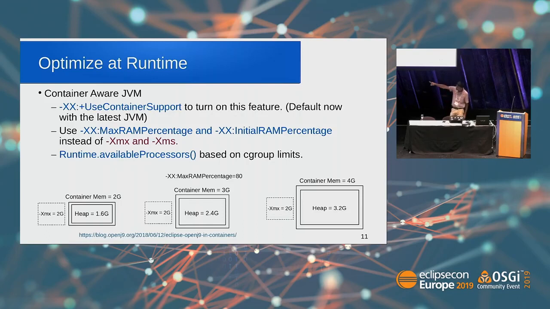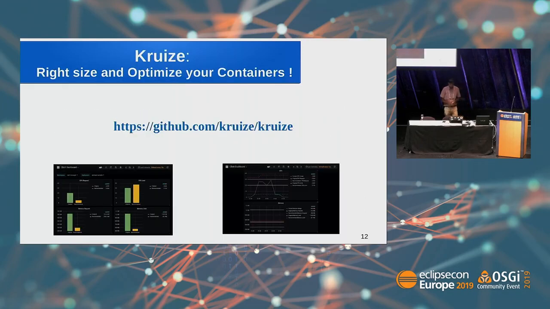There are more details about this in the blog down there as well. So this brings up the question of how do you size your container? This is a big problem for the developer. When I deploy my application, what should be the right size for my container? How do I determine that?